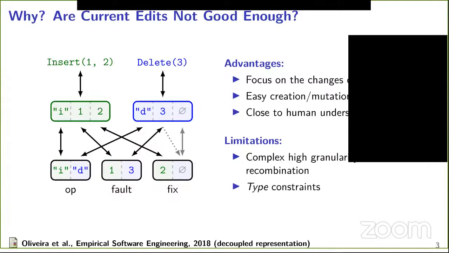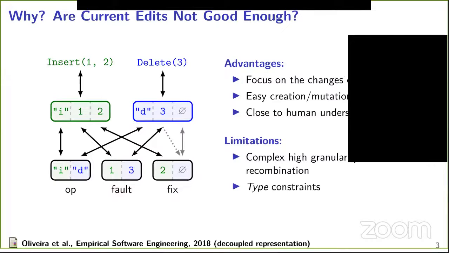On the top left, you have an object representation, which is strictly equivalent to the more theoretical list of triplets in the middle, where one triplet I, 1, 2 represents insertion at location 1 of the genetic material from location 2, and D3 is delete at location 3.